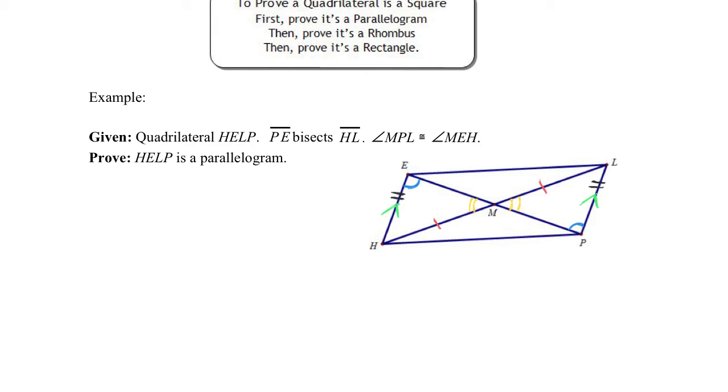So now I have a pair of opposite sides, parallel and congruent. That's enough to say that this is a parallelogram. Now, is that the only way that we could have done this? No, I think we probably could have done this a totally different way. But this is one way that we could have done this, and it shows you the thought process on how we were to go about doing that.